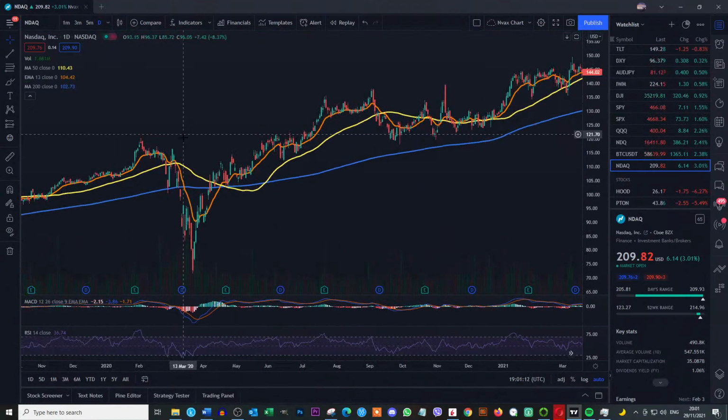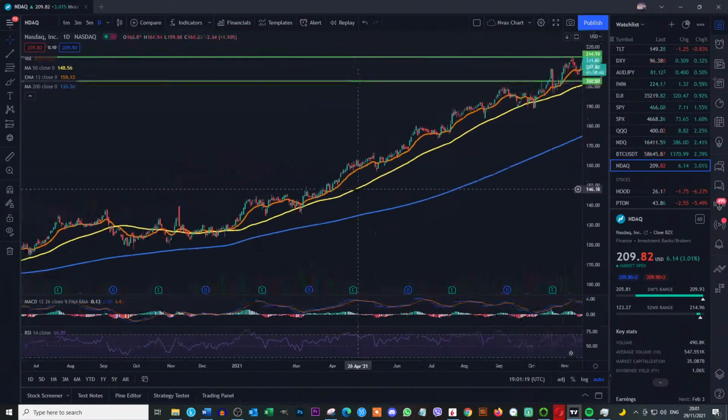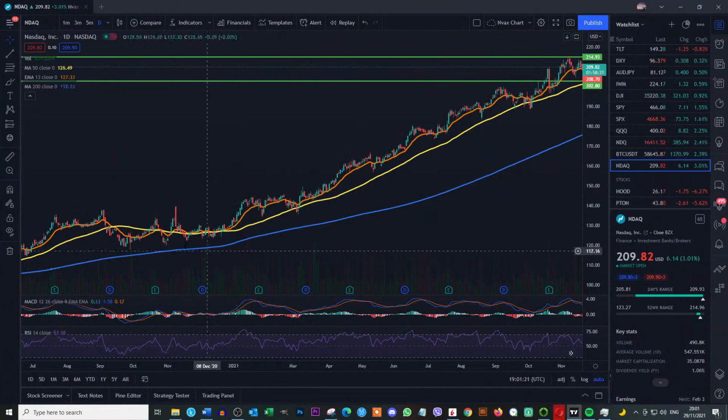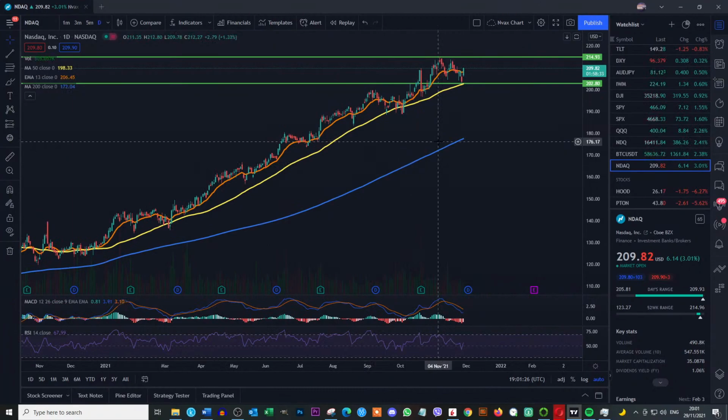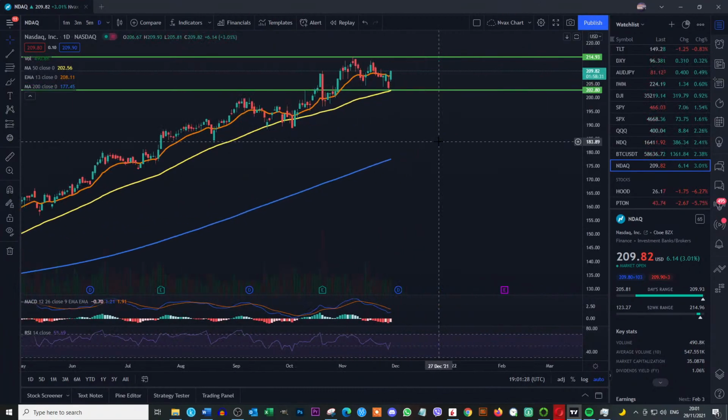So we lost almost half of the index value, and of course all of the other stocks went the same route. And then after that we've seen a big recovery.